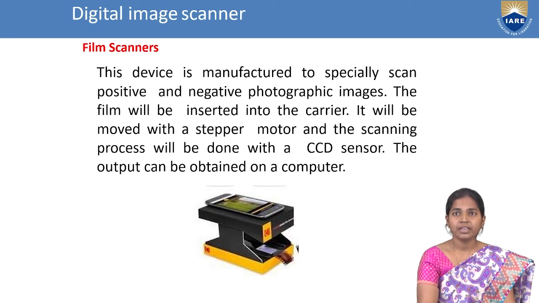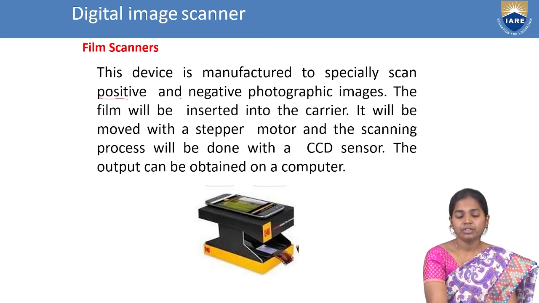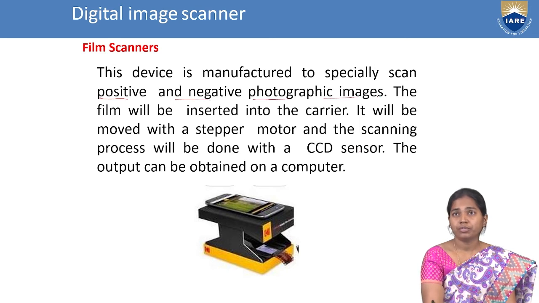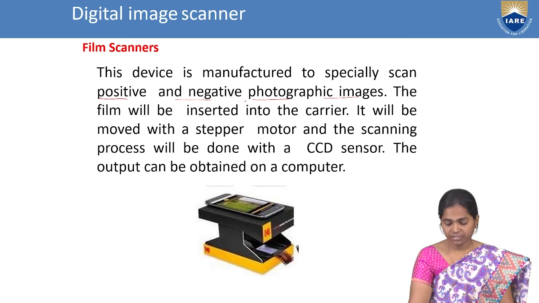So output is obtained in our computer. This is the film scanner. With the use of this film scanner, we can scan positive and negative photographic images.